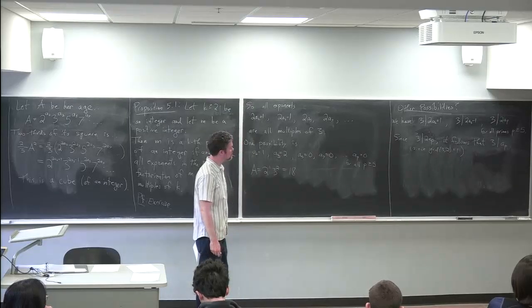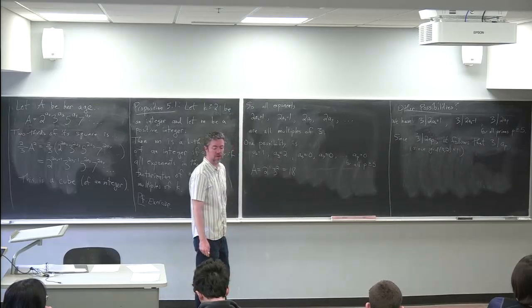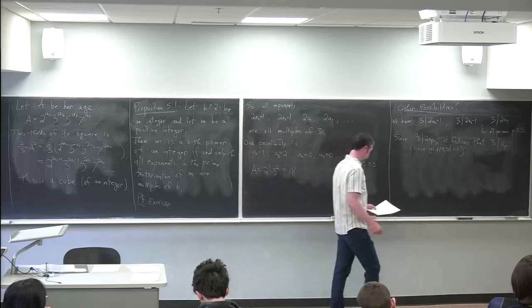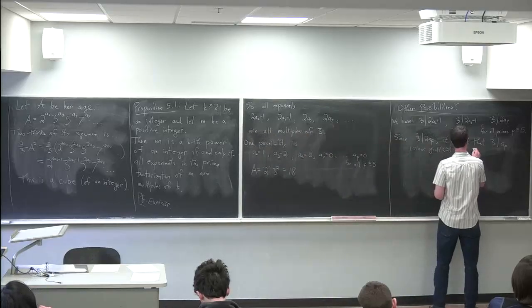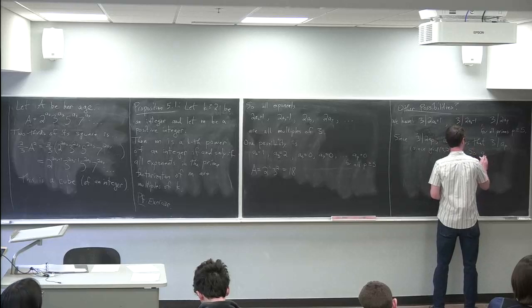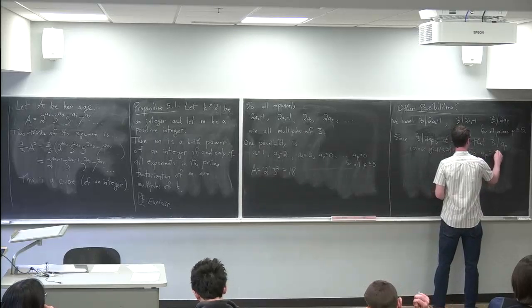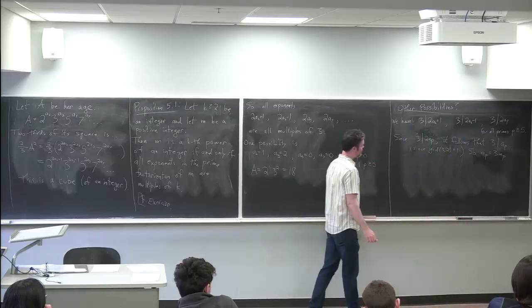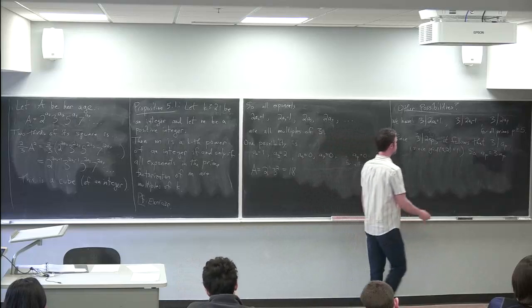That tells us exactly what's going on with all these other exponents. They're just straight up multiples of 3. So a sub p has to be a multiple of 3. We could write it like that using some other integer.